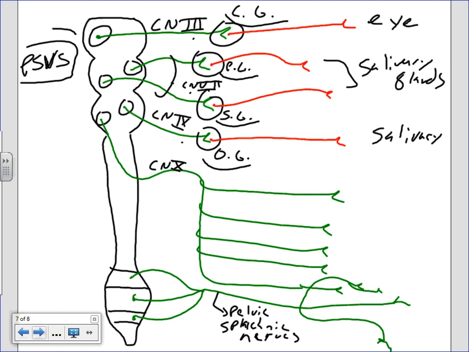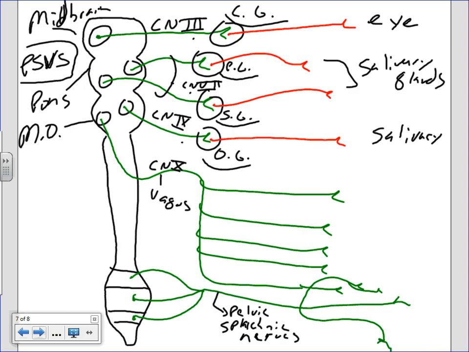Here this would be the midbrain, this would be your pons, and this would be your medulla oblongata. Now you can see that we've got cranial nerve number 10, otherwise known as the vagus nerve, which branches down from the head to the body.